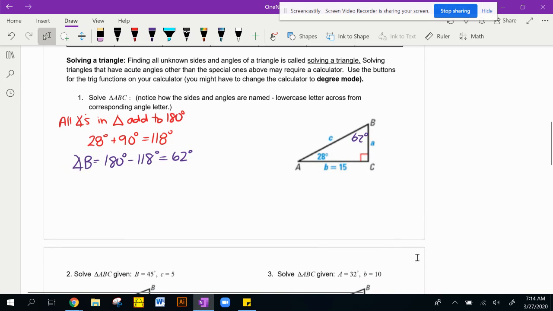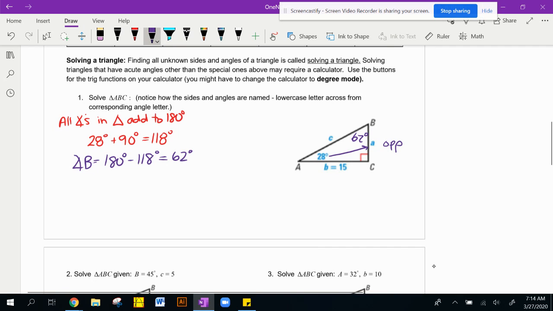To find the two missing sides here, side A and side C, we have to use at least one trig function, and you can use whichever one you like. There's usually a bunch of options, but here I have two angles that I can use. So 28, let's find side A. Side A would be the opposite side of 28, so I'm going to call this opposite.